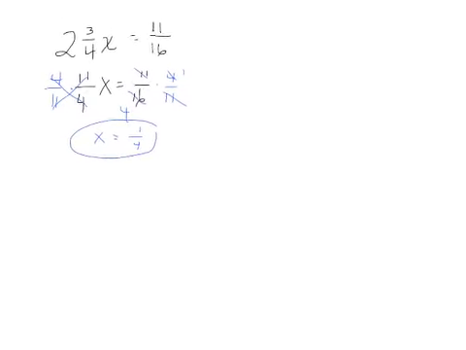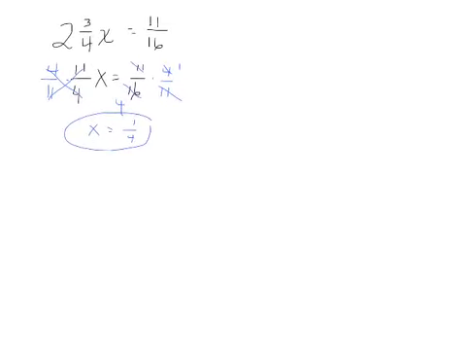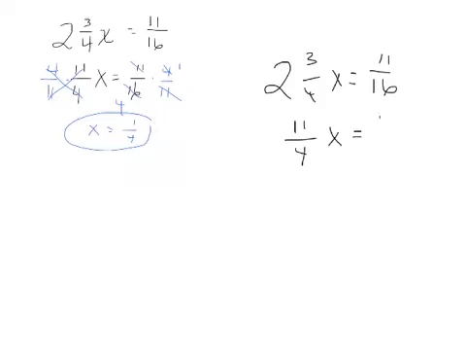If I use my skill from before of using the division, let me model that. 2 3/4 x is equal to 11/16. Once again, you're going to need to change that to 11/4 times x is equal to 11/16. You're going to think about dividing by 11/4. I'd encourage you to write it as division this way when you're dealing with the fractions. So you still need to change the mixed number to an improper fraction.